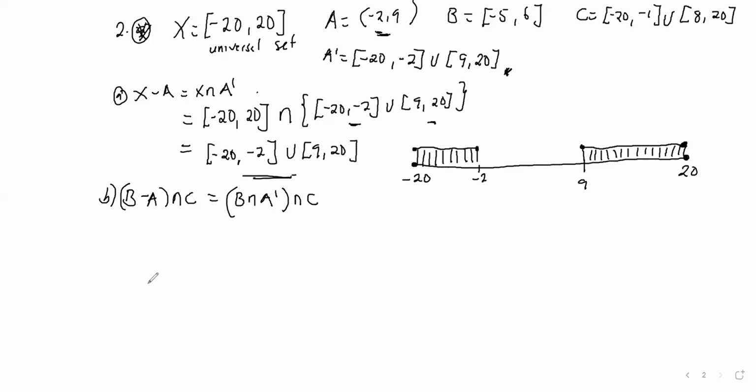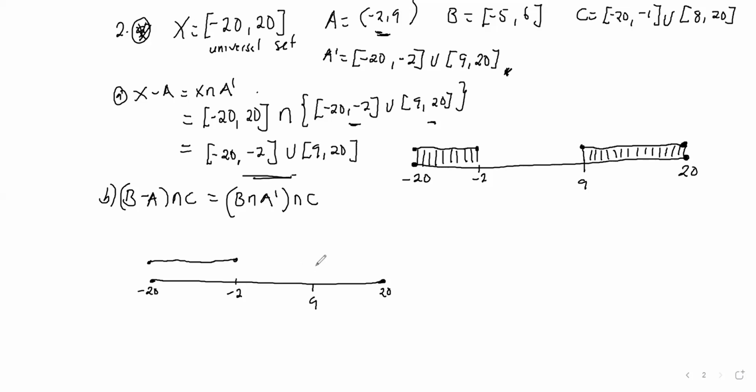Okay, so now I'm going to do this on the number line. So the universal set from -20 to +20. So you run from -20 all the way up to -2.